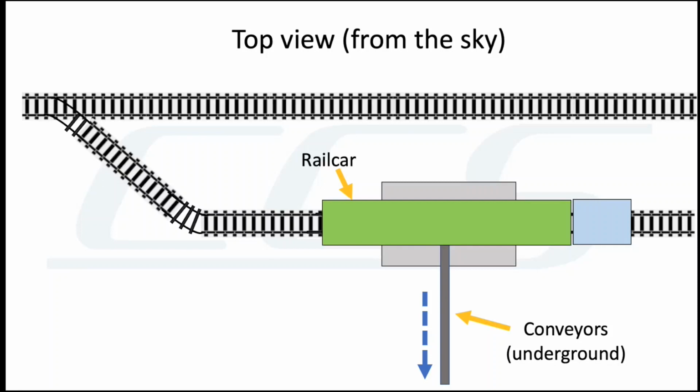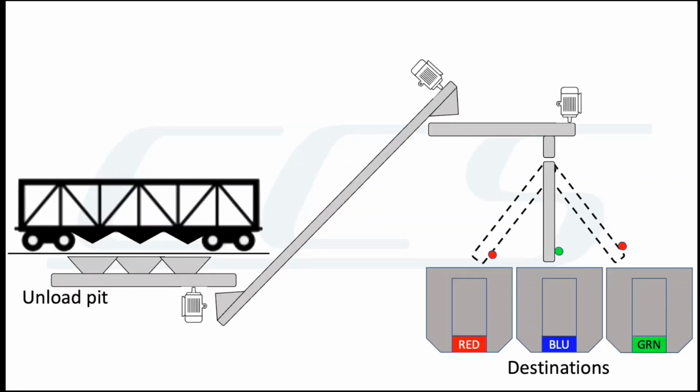So in this case, the unloading pit would actually be underground underneath the rail tracks. That's the way a lot of plants have it. They have maybe a multitude of rail spurs and maybe several unloading pits, unload stations, and those can be conveyors, or they could be pumps, whatever kind of material you're moving from the rail car into the destination.